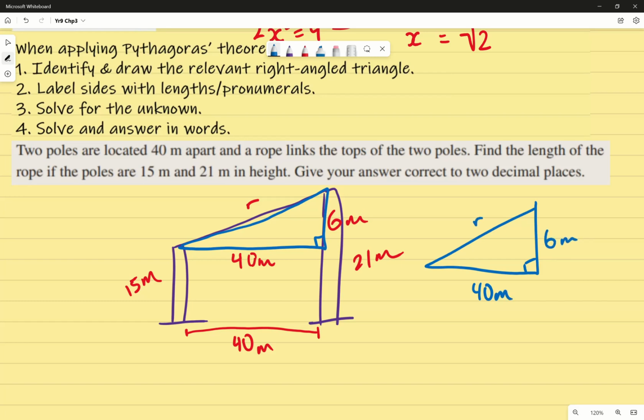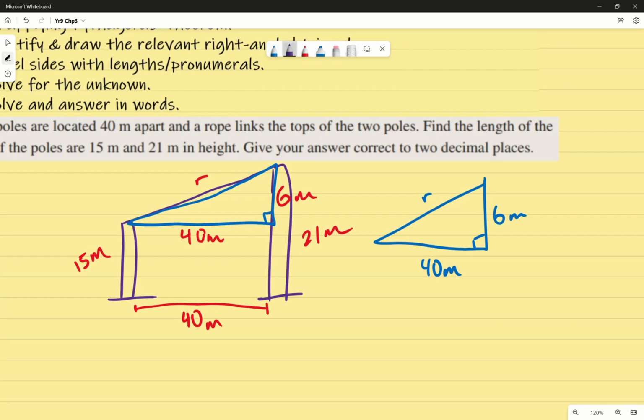Is this question looking a lot easier to do now? Yeah. So now, all I use is Pythagoras' theorem. I'm going to assign A, B, and C just to make my life easier. Brody, which one do you want to call A? 40 or 6? 40? Okay, let's call A 40.